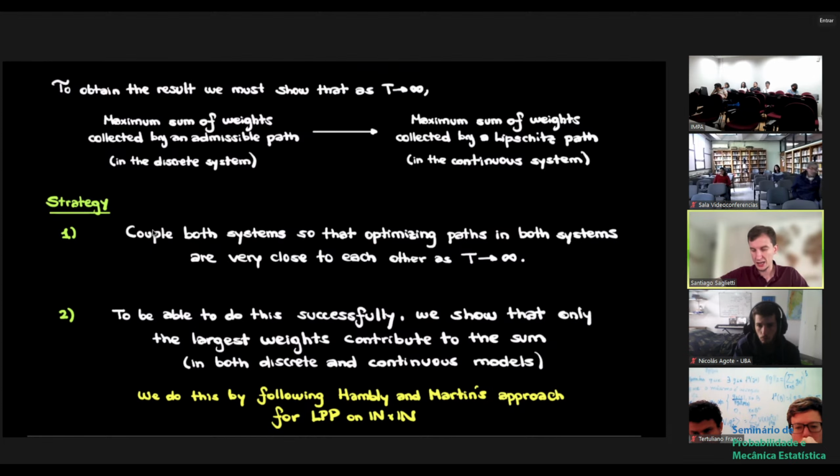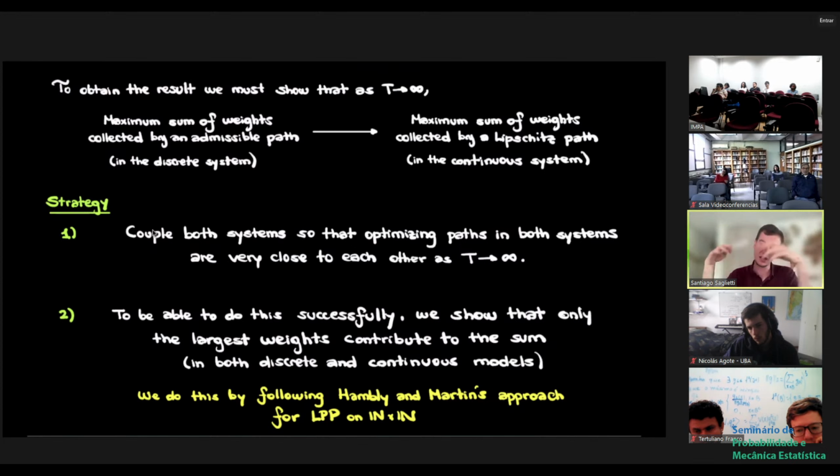Basically, in both systems, the main contribution to the maximum sum of weights is going to be given by the largest weights, and the other ones I can completely disregard. And so once I disregard the other weights, I get two systems in which I only have finitely many weights.